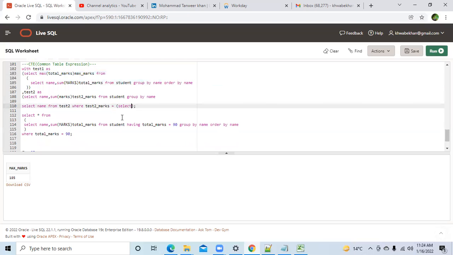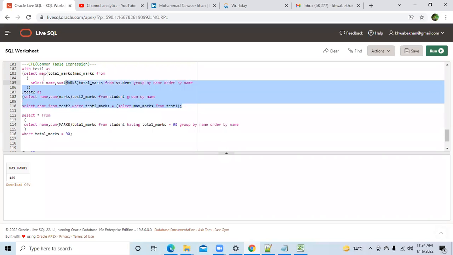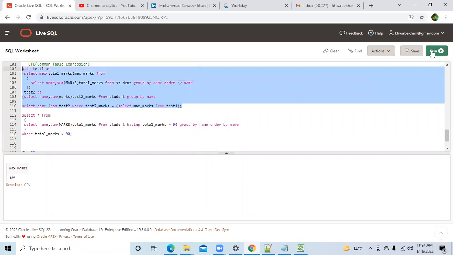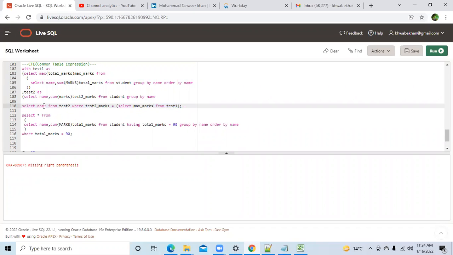To select max underscore marks from test one. Okay. Query. In right parenthesis.